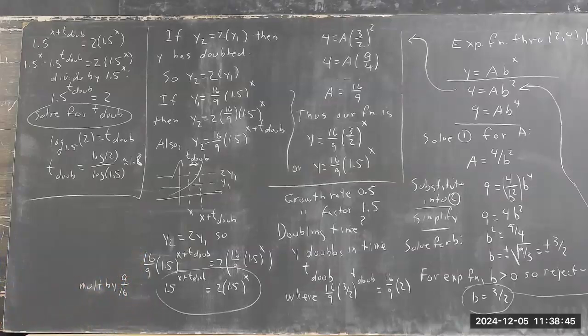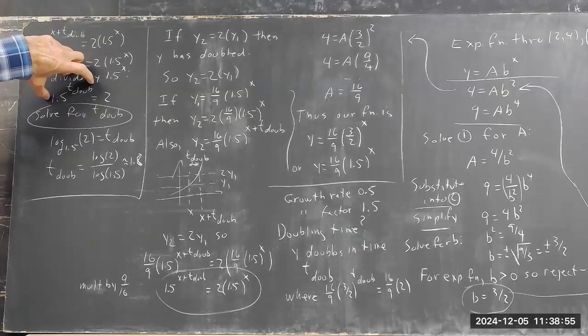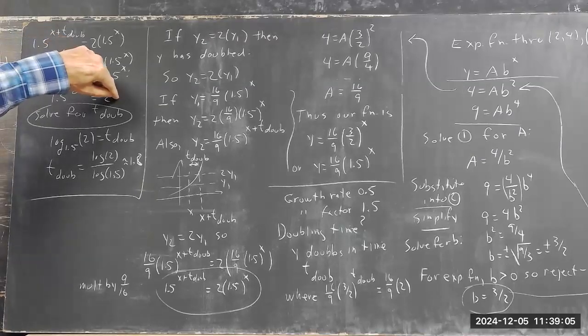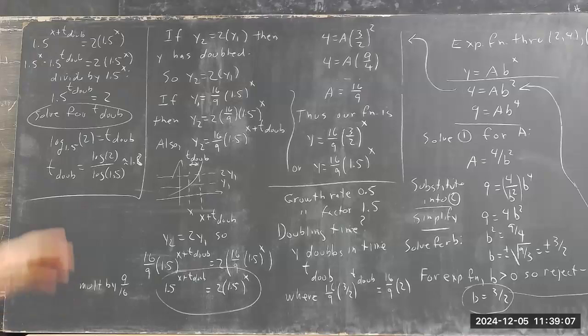In every case, all this other stuff goes away, and you just find when the 1.5 to the t dub equals 2.